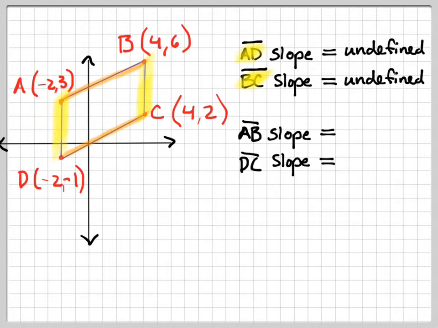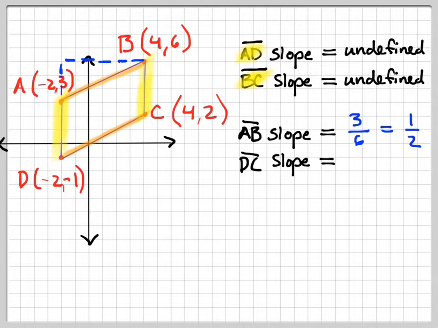And slope, I don't really need a formula. I'm just going to basically, I can do rise over run. So this one, I'm going to rise 1, 2, 3, and I'm going to run 1, 2, 3, 4, 5, 6. So my slope here is 3 over 6, which reduces to 1/2.